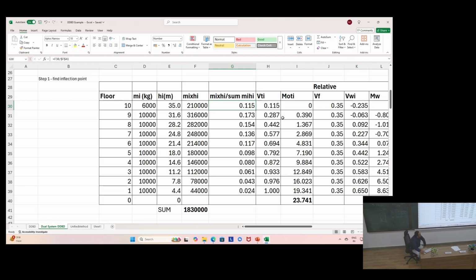Okay, so from now on, we'll talk in relative terms, relative between the stories. So VTi is the relative shear at the ith story, which is essentially the same thing right here.